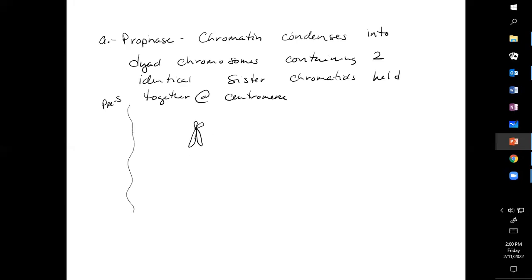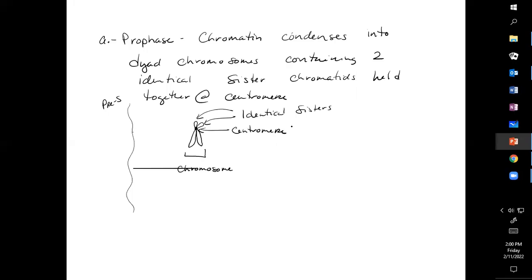After the S phase, you have replicated it. So what you have here is a chromosome. It's a chromosome with 2 identical sister chromatids held together at the centromere.